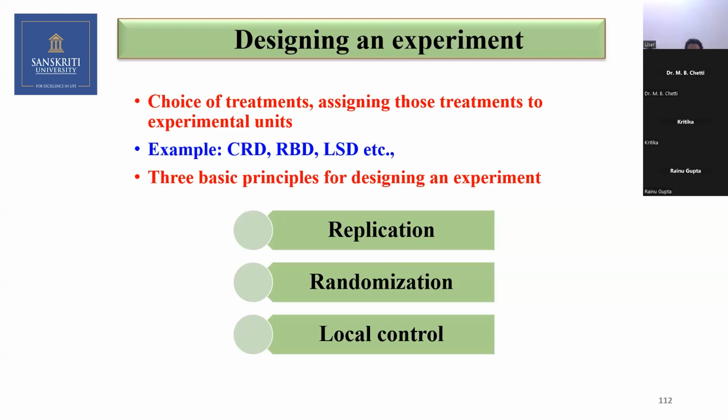Suppose you are testing a drug, only the drug should vary, drug 1 and drug 2. All other parameters should be the same. So these three are the basic principles to decrease the error. Error is a component of these designs, and by keeping replication, randomization, and local control balanced, we reduce it. This is again Fisher. R.A. Fisher is the person who found this out.